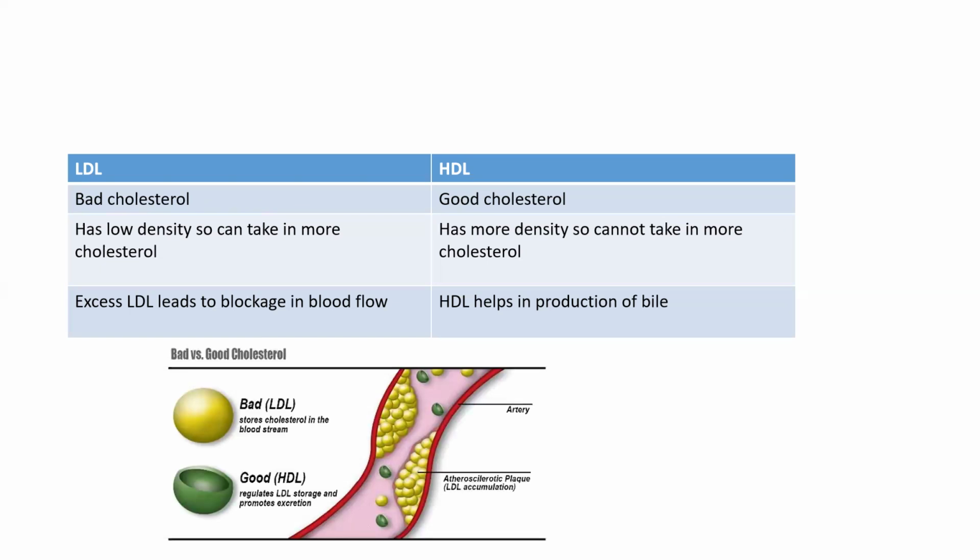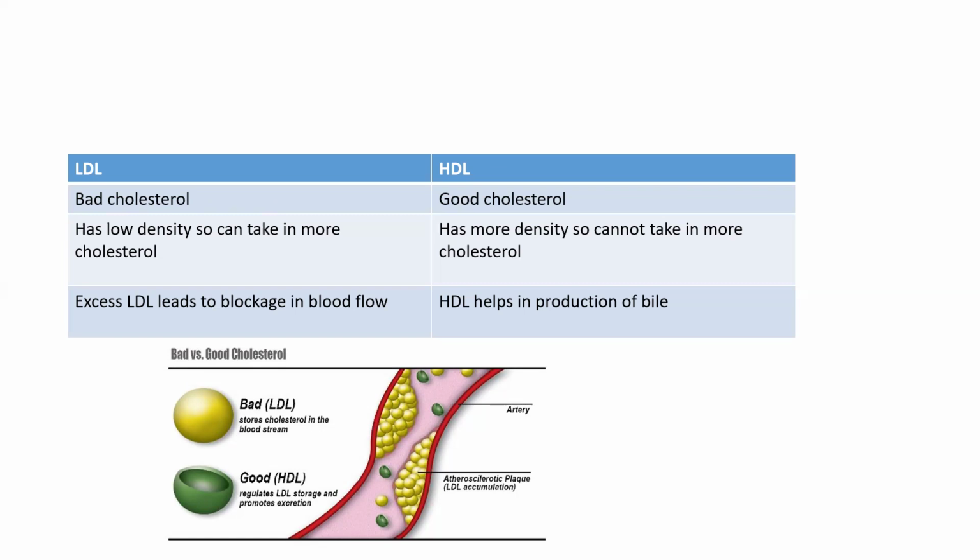We can see in the picture that bad cholesterol, LDL, stores cholesterol in the bloodstream and leads to plaque buildup in the arteries, while good cholesterol regulates the LDL storage and promotes excretion, that is, breakdown of fats.